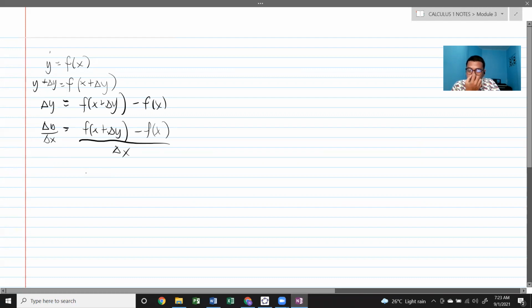Now, to solve for the derivative of the function, we simply solve for the limit of this function as our delta x approaches 0.